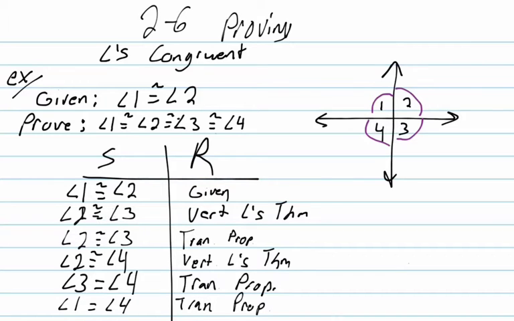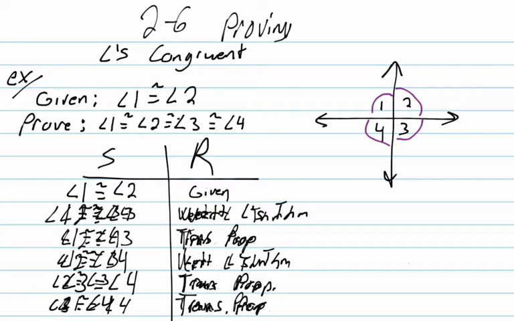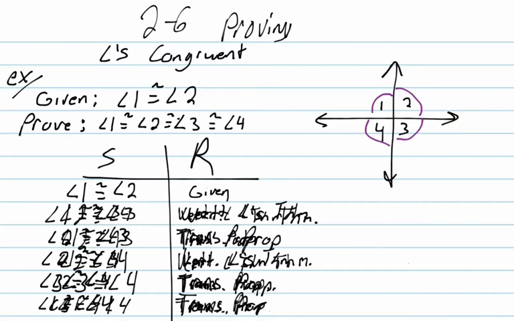You could have done that with angle 2. Yeah, you could have. There's a couple different paths there. Anyway, we have it then, right? We have angle 1 congruent to angle 2, congruent to angle 3, congruent to angle 4, and everything in between.